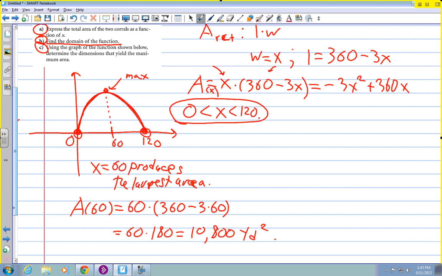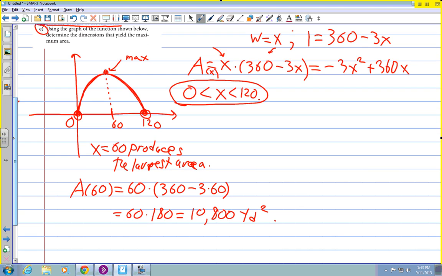Did that make sense? Does that mean that on the graph when x equals 60, y equals 10,800? Yeah. So this point right there is 10,800, and that will be the largest value the function reaches. Okay.